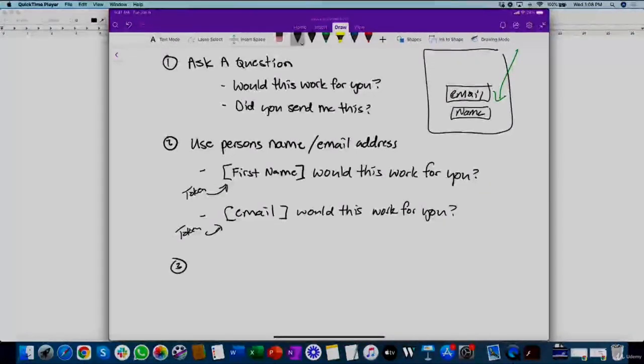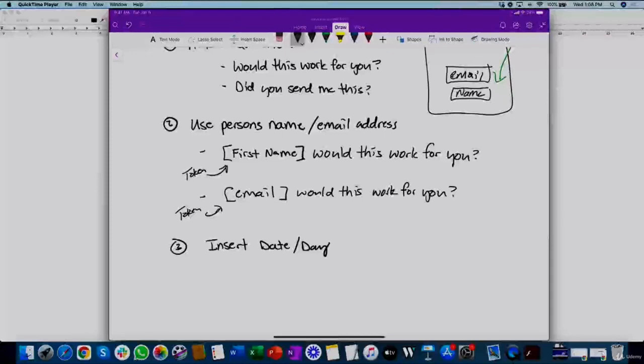Number 3 is insert the date or the day. In sticking with this exact same kind of evolution of this subject line, we might do something like first name, would this work for you Monday?